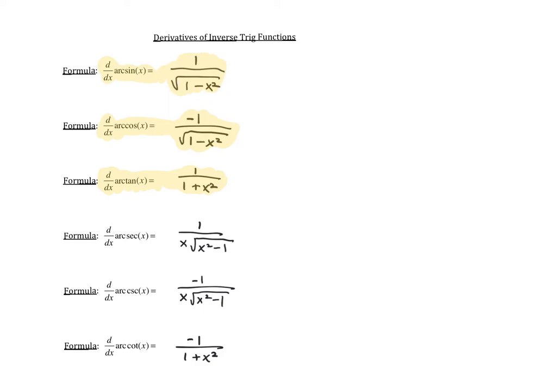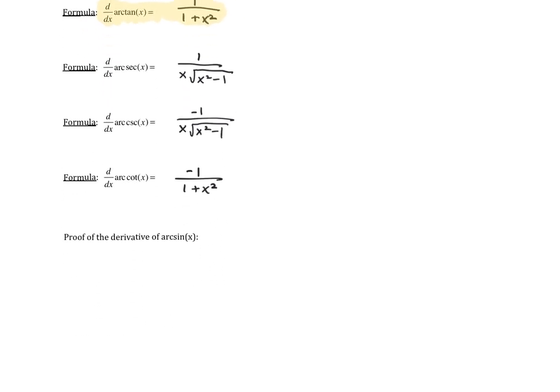I promised you that we would derive the formula for the derivative of arc sine. So let's do that now. We're going to start off with y equal to arc sine of x. And what we're going to do is take sine of both sides.